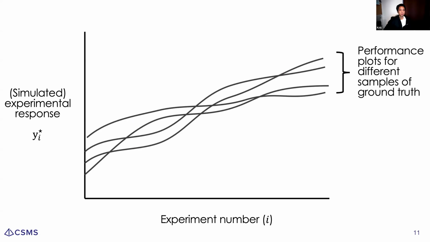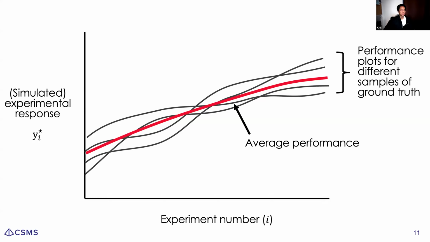What you should be plotting, if you're going to use this final belief as a proxy for running experiments, is a whole distribution of this simulated best response, these Y star i's, over experiment numbers. You don't have a single plot of these, you have several of them.